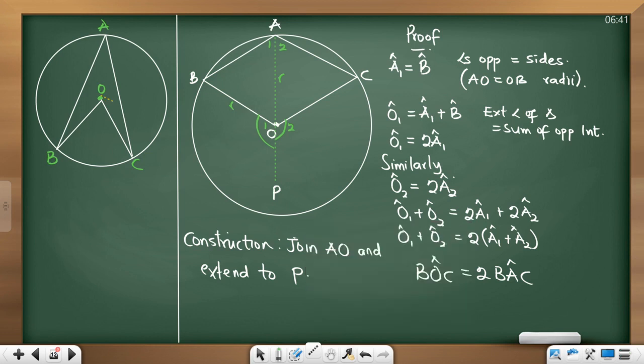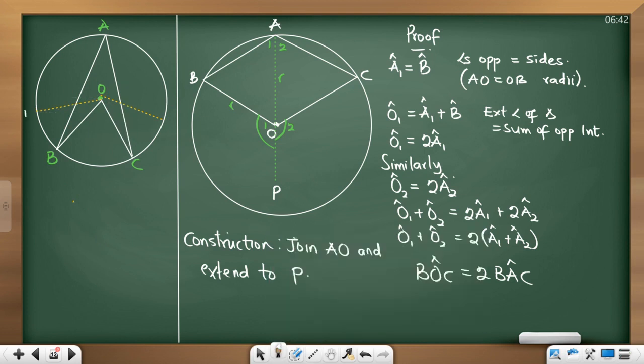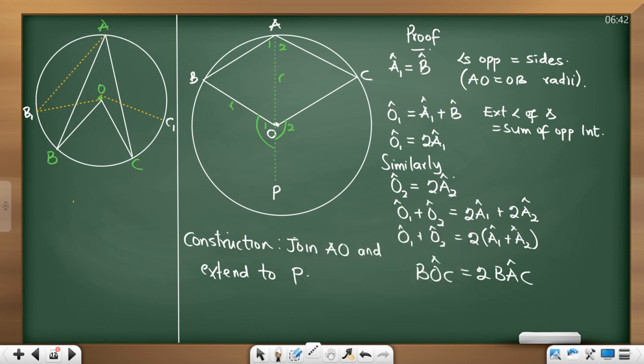If I were to extend points B and C, move it up a little bit, what are we going to have? Let's call this B1 and call this C1. Do you see that I have a completely different shape? But it is still the angle at the center, because this is what we're focusing on.